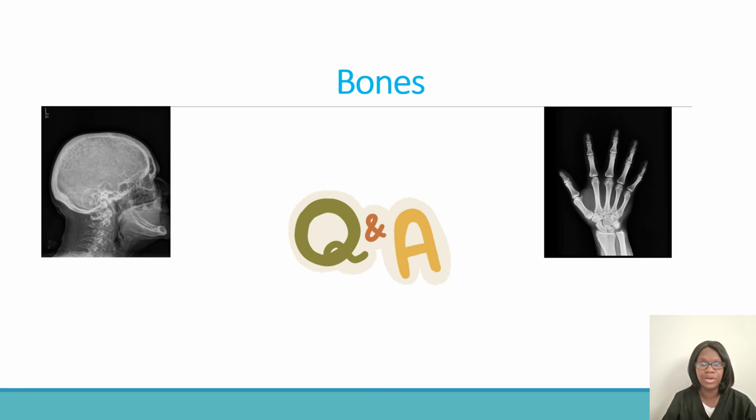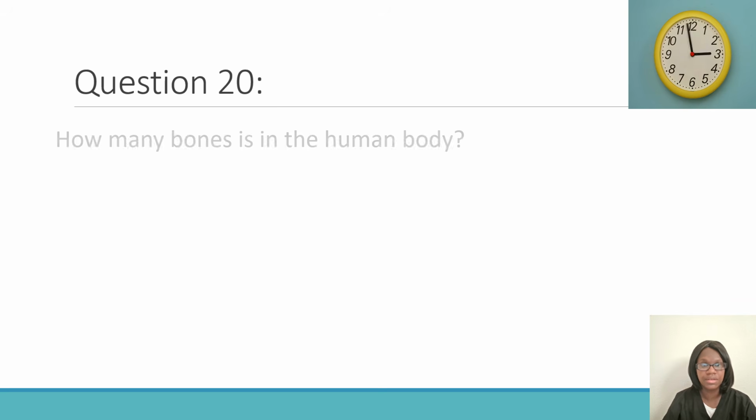All right, so now we are going to talk about the bones. I work in radiology, so I do have to know all the bones in the body. So here we go. Question 20. How many bones are in the human body?